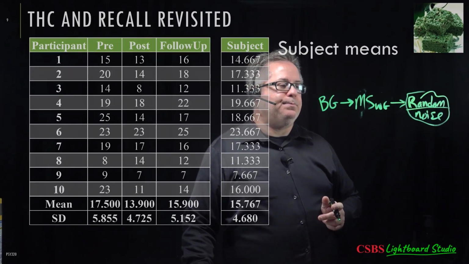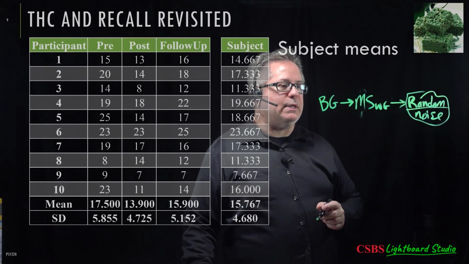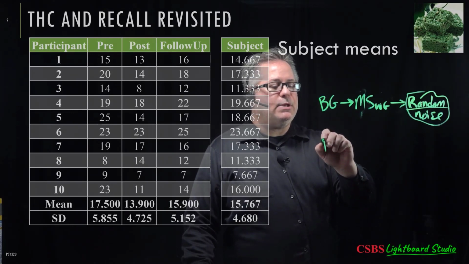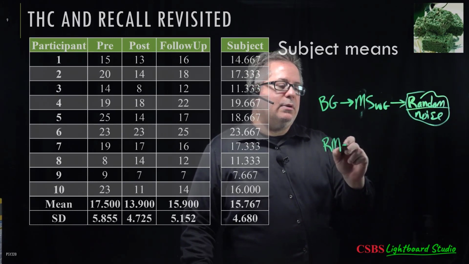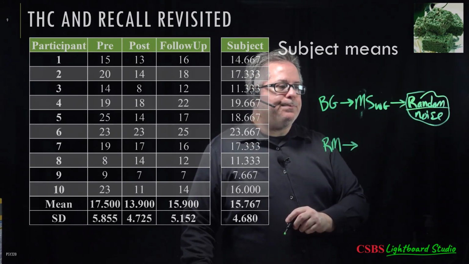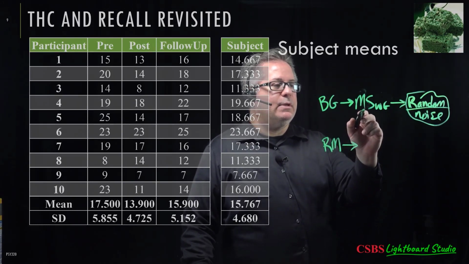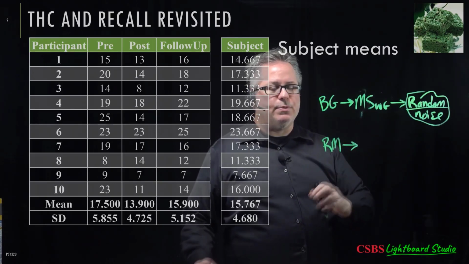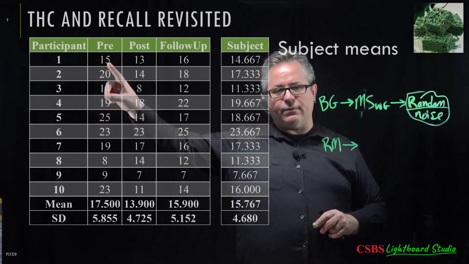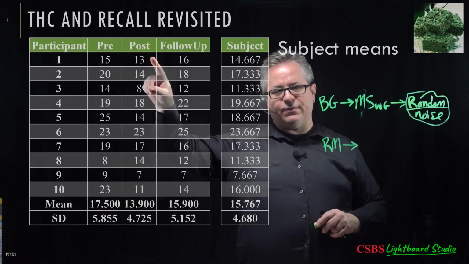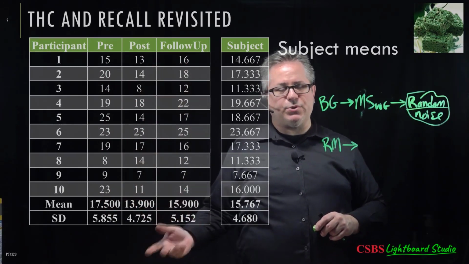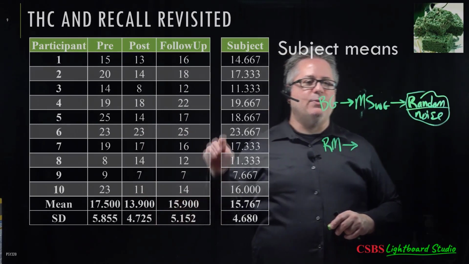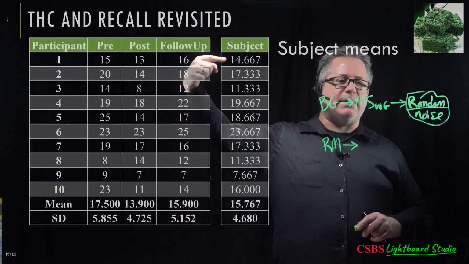Well, the problem here is that in a repeated measures version of this, it doesn't work, because this mean square within groups, the variability here versus variability there, has a certain amount of consistency, which we can see in the subject means.